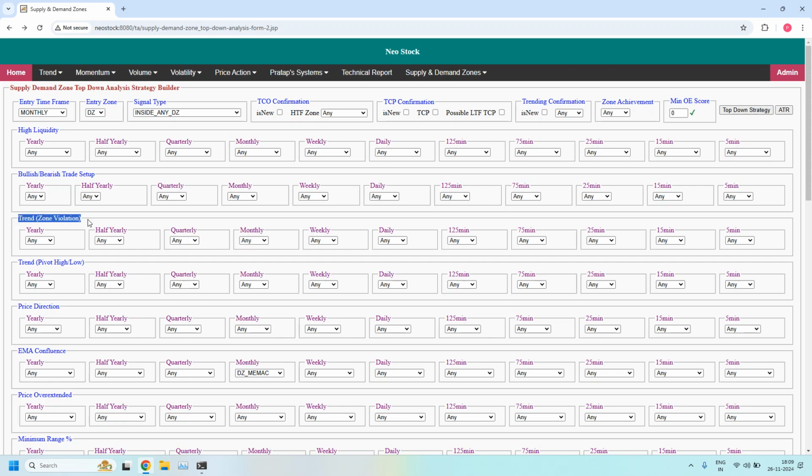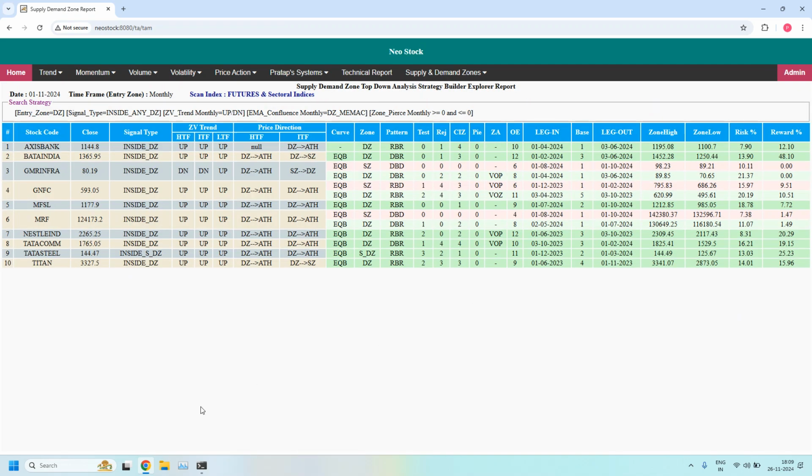That's why in zone violation trend, monthly time frame, I am selecting the trend as either up or down. Let's verify. We got these 10 stocks where price closed inside the monthly demand zone, the monthly trend is up, and also having monthly EMA Confluence. All these zones.